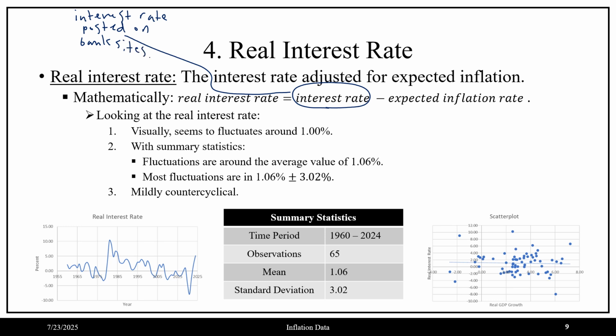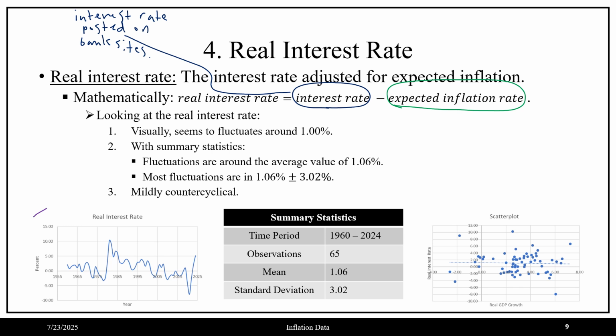So the nominal interest rate is what you are going to see when you go to a bank's website, and what are you going to earn in terms of interest by putting your money in a savings account. We are going to subtract from this what you believe inflation to be, and that will give us the real interest rate. What money will you earn on your savings account after you take into account what you expect inflation to be tomorrow?